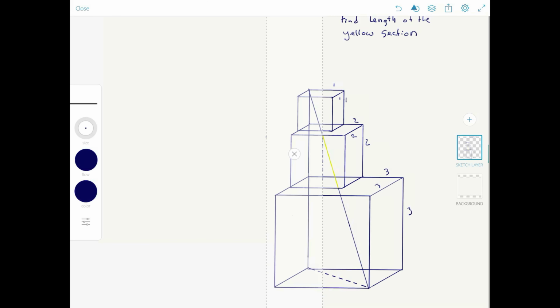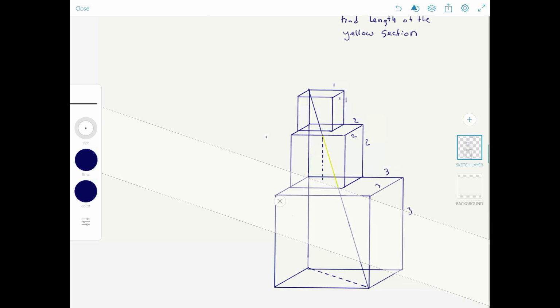So here, instead of trying to freehand draw, I want to note that we have a vertical there, and we're going to go down.